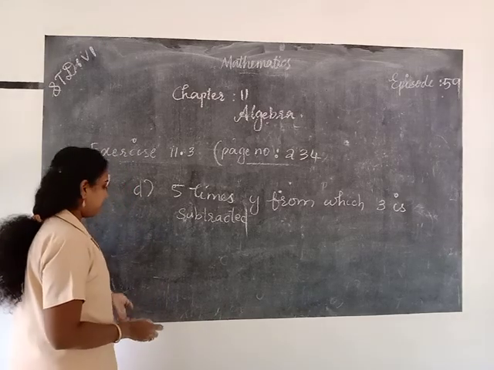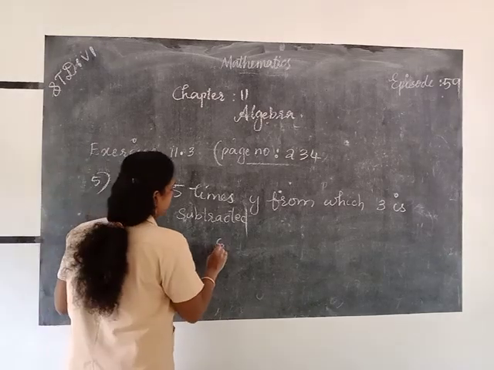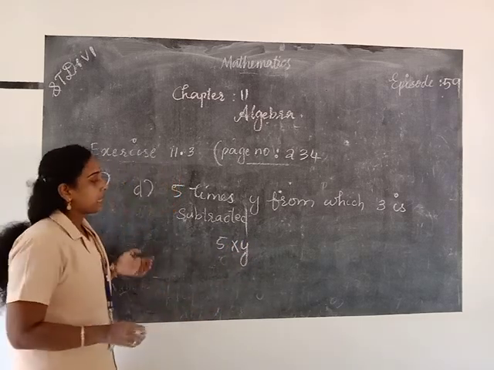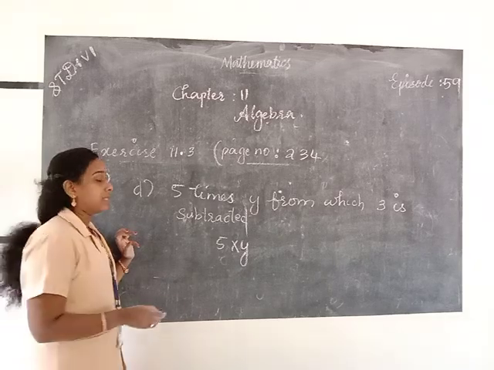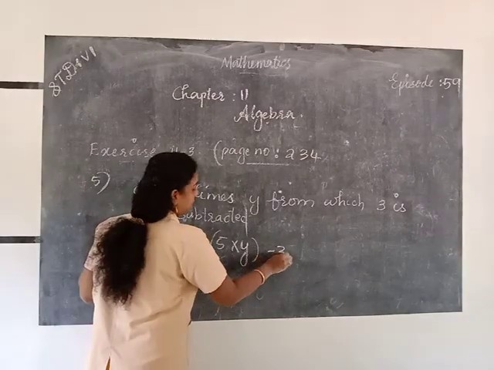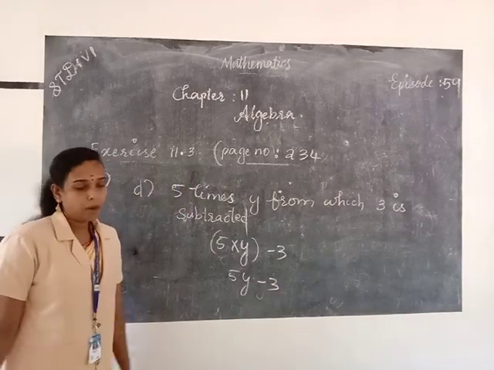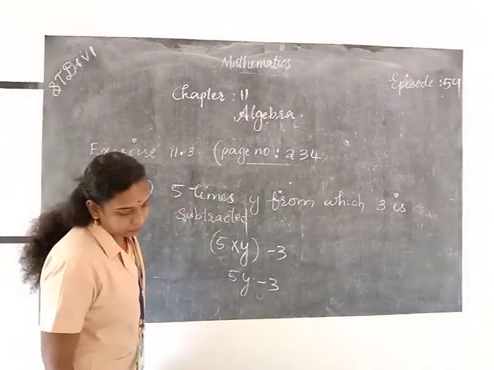So 5 times y means 5 into y. Then 3 is subtracted from the result, which means minus 3. 5y minus 3.